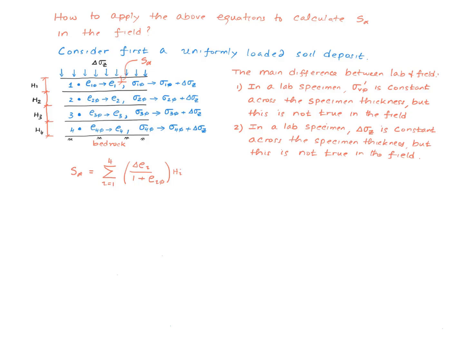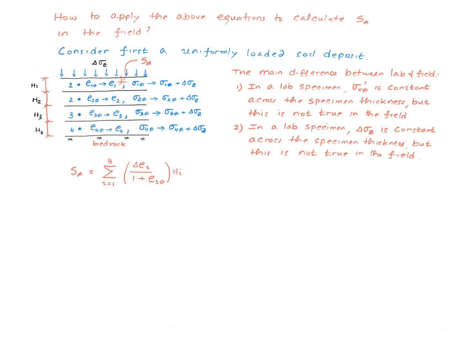While our assumption that the increase in the vertical stress is uniform across the thickness of these layers is directly applicable to situations involving, let's just say, preloading, it is not applicable to situations involving a footing loading or an embankment loading. In such cases, we need to first calculate the increase in stresses caused by those specific loadings.